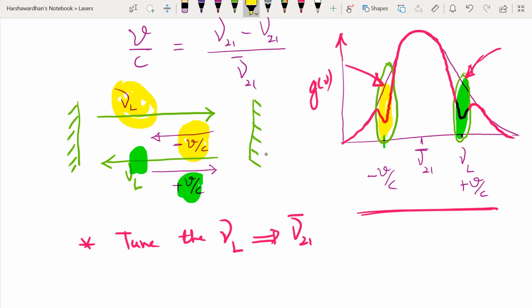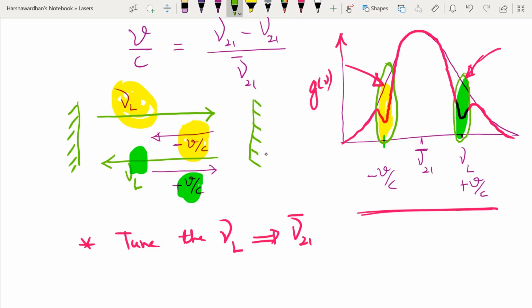Now these two different spectral wave packets were addressing different sets of atoms, and as you tune them, you would see that both of these dips, or the spectral holes, come closer and closer, and you would find that at resonance, let me draw it with another color.